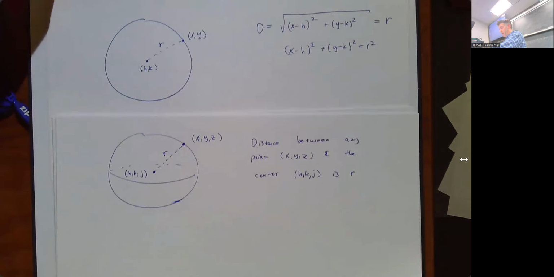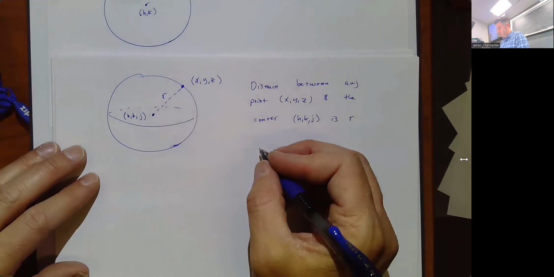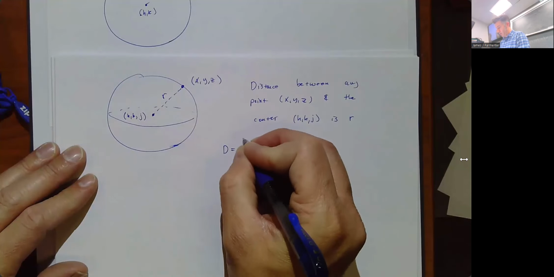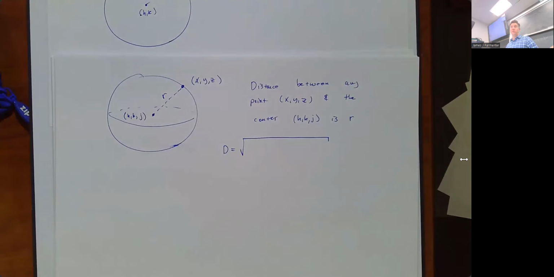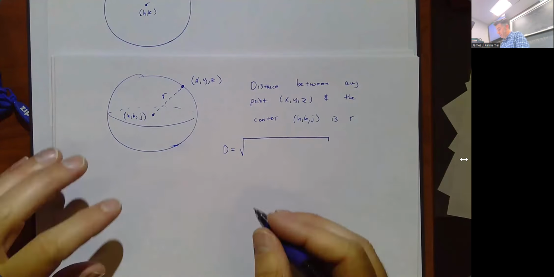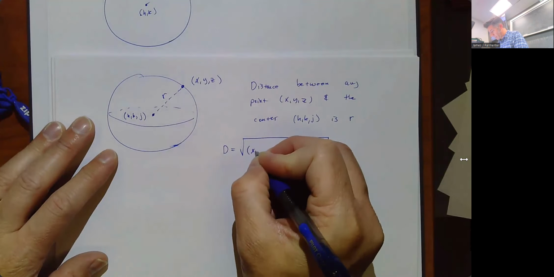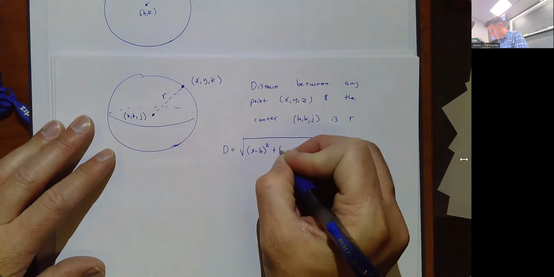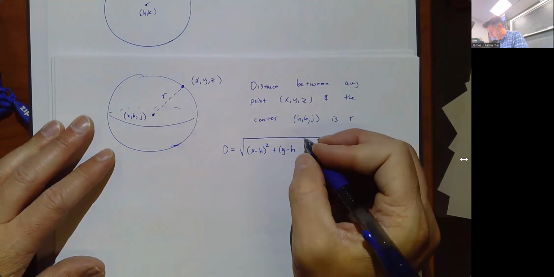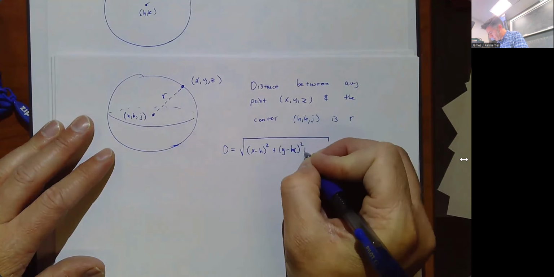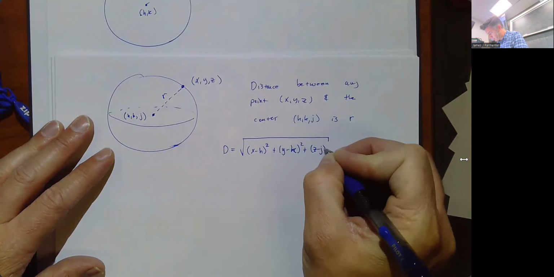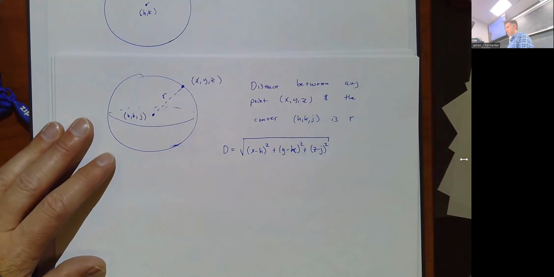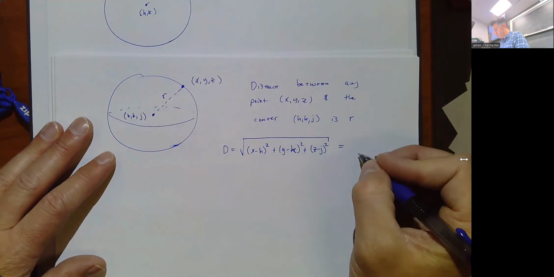Or in more mathematical terms, the distance is the square root. Okay, so here's the nice thing about the distance formula in 3 dimensions. It's the same as the distance formula in 2 dimensions. You're just adding on a third piece. So it's going to be the difference in the x's squared plus the difference in the y's squared plus the difference in the z's squared. And that's going to equal r.